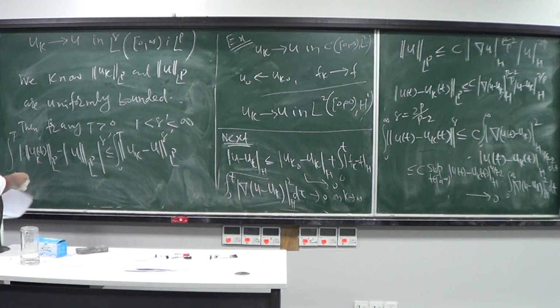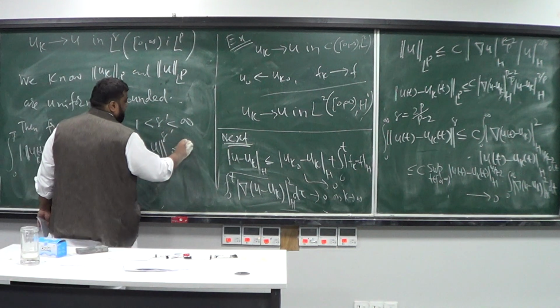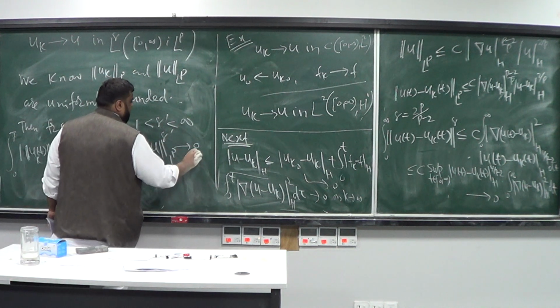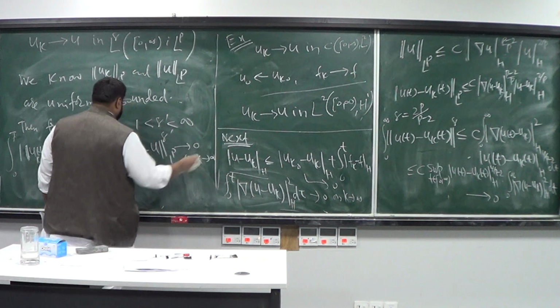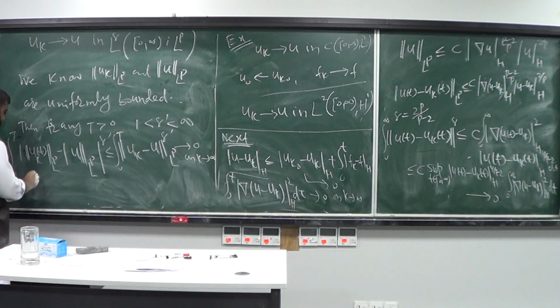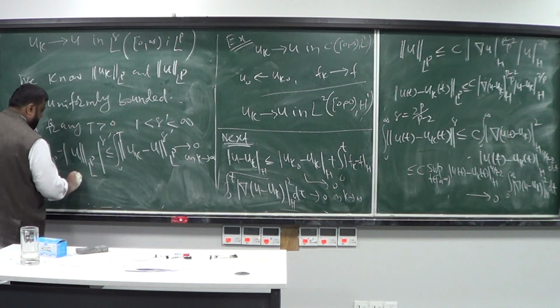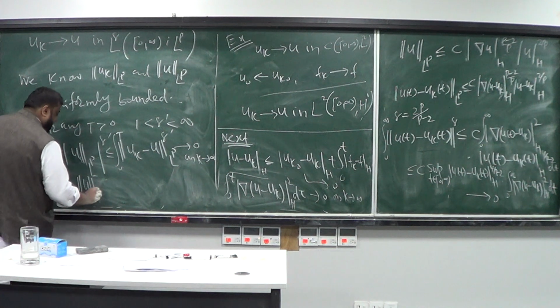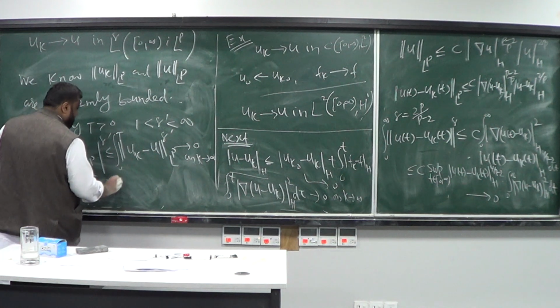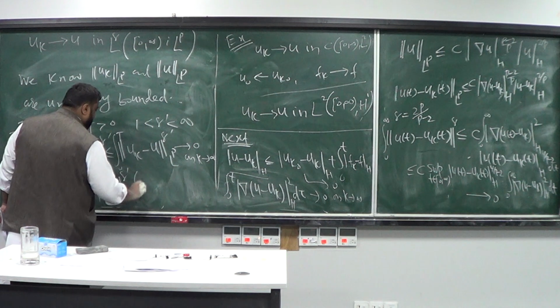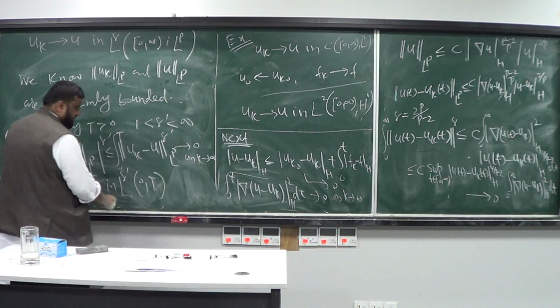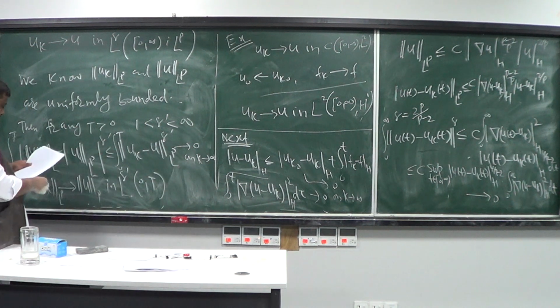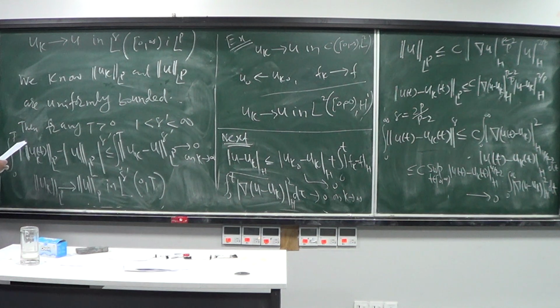You can show that this goes to 0 as k goes to infinity. So you can say that u_k converges to u in L^q prime over the interval 0 to T, for any T positive.